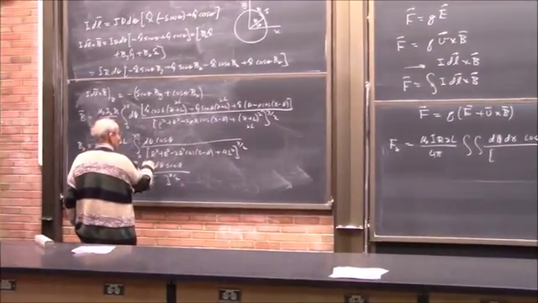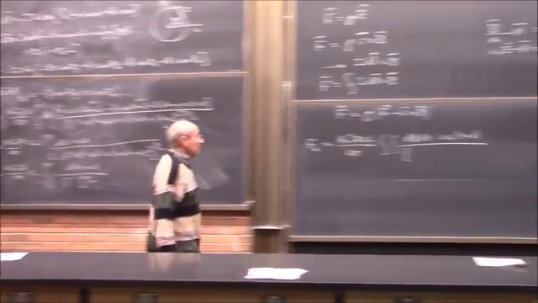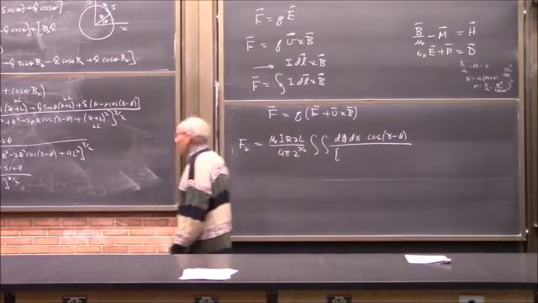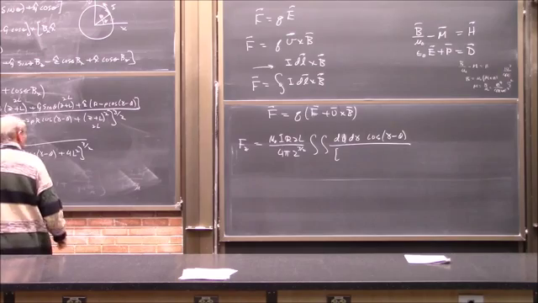And so it'll come out as 2 to the 3 halves. The r squared will become r cubed.